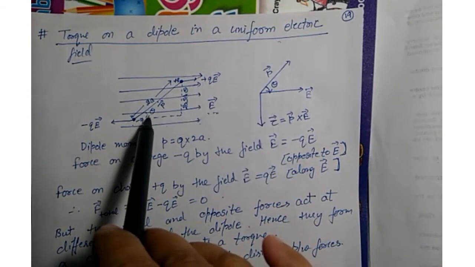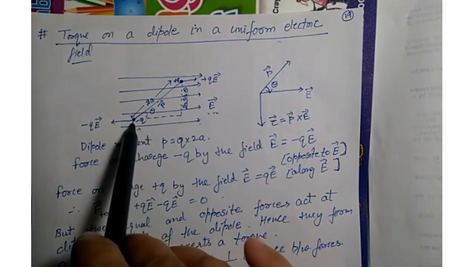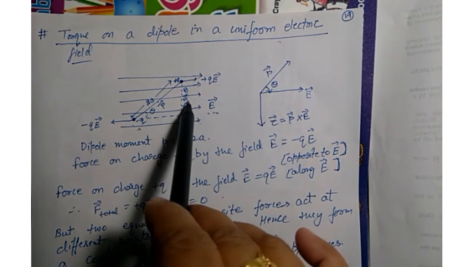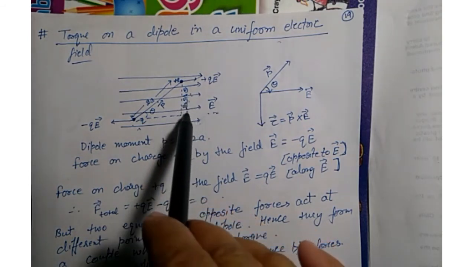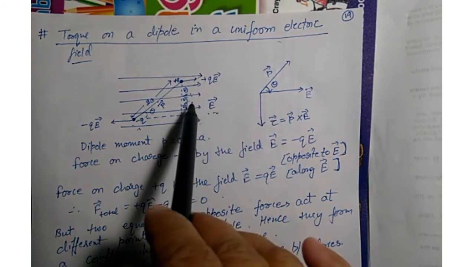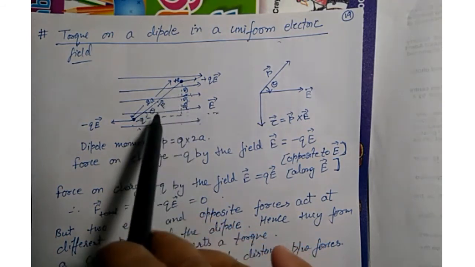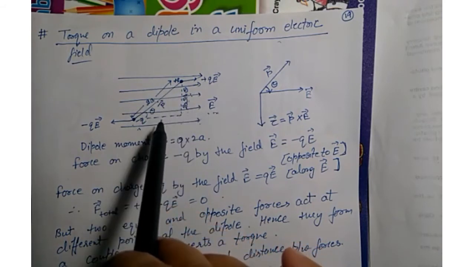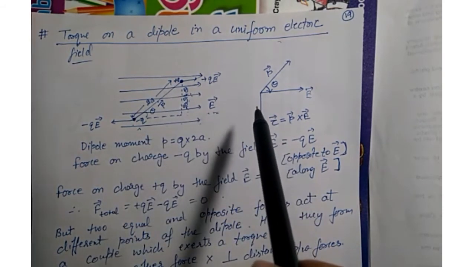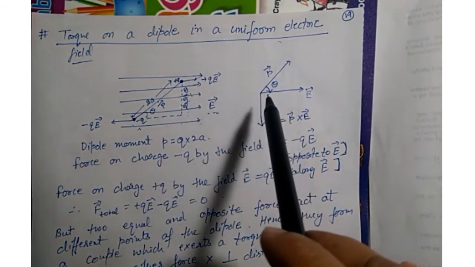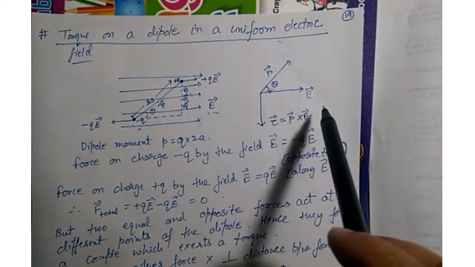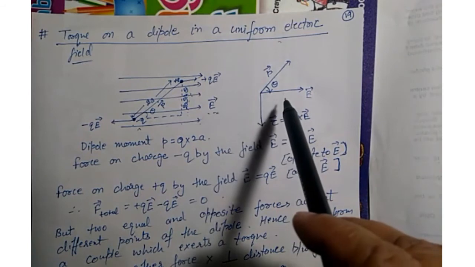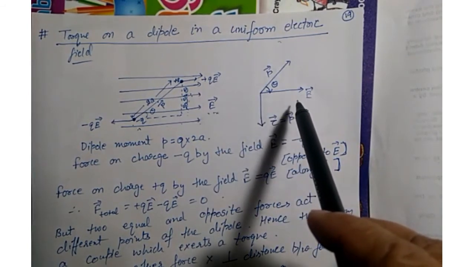This dipole is making an angle theta with the electric field, and 2a sine theta is the perpendicular distance, by applying the Pythagoras theorem. Now, in the simplified form, the field is along this direction, and the dipole moment is along this direction, making an angle theta with the electric field.